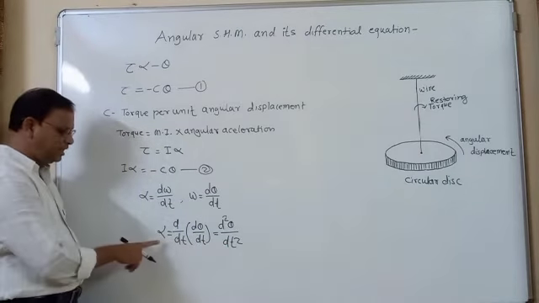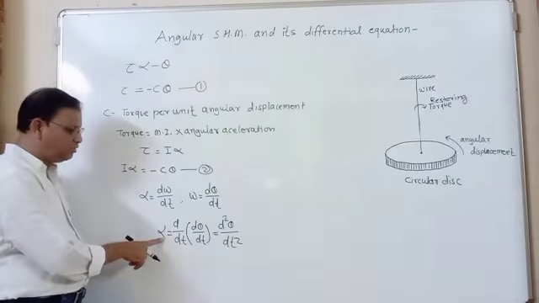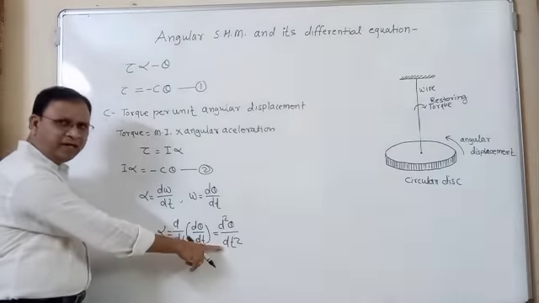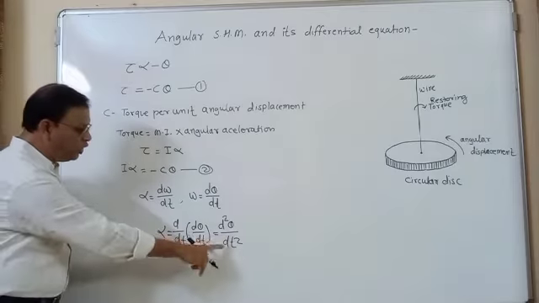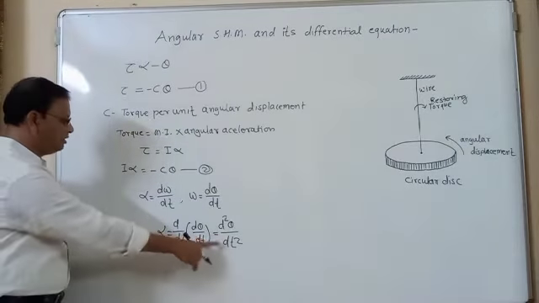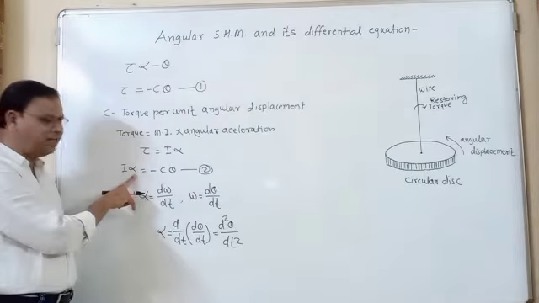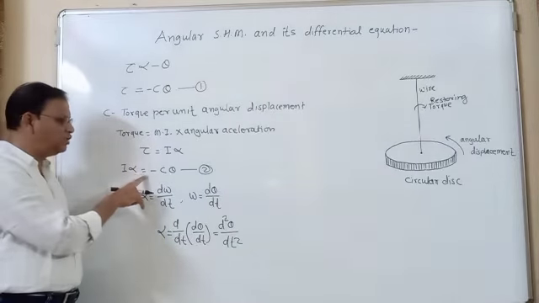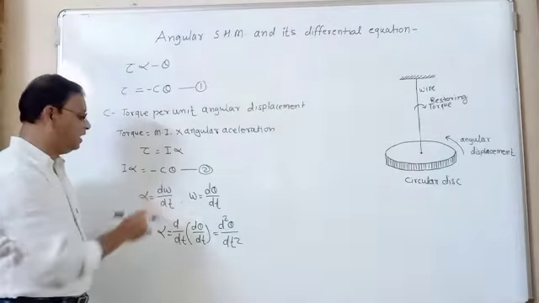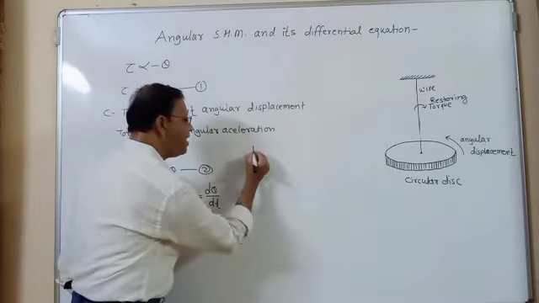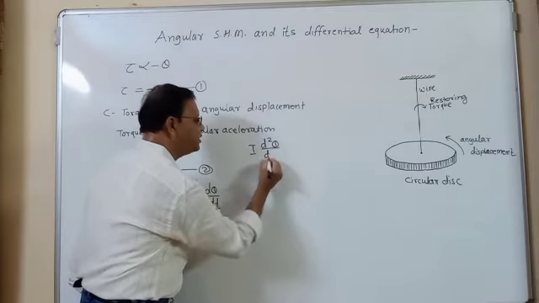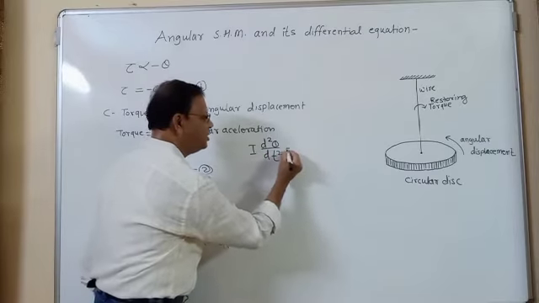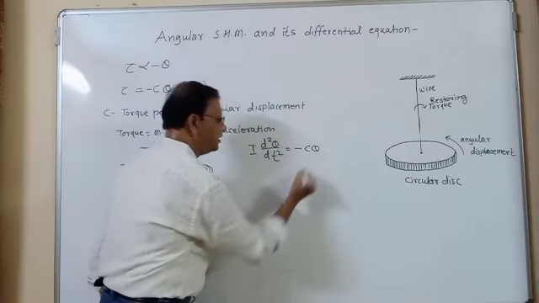So angular acceleration can be written as alpha is equal to d2 theta by dt square. Now, as alpha is equal to d2 theta by dt square, we can put this in relation number 2, that is I alpha is equal to minus C theta, and therefore I into d2 theta by dt square is equal to minus C theta.